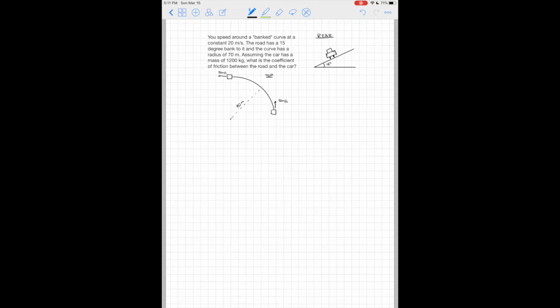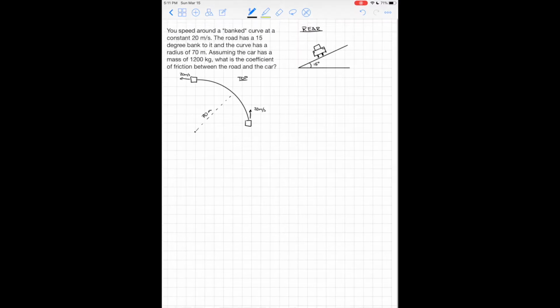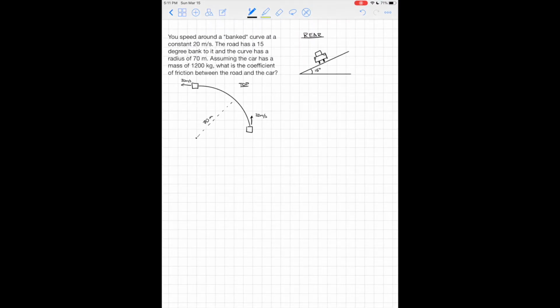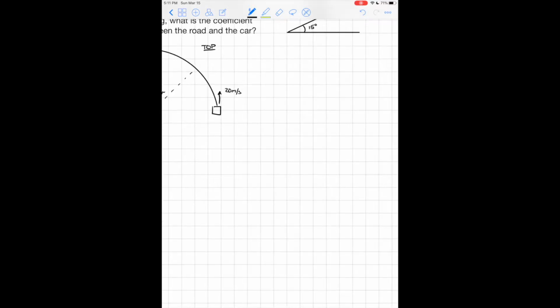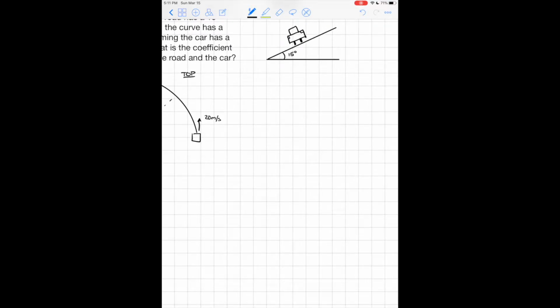I think we can probably start drawing a free body diagram at this point. We probably want to use our rear view as inspiration and draw it from that viewpoint. I can draw this a couple different ways.